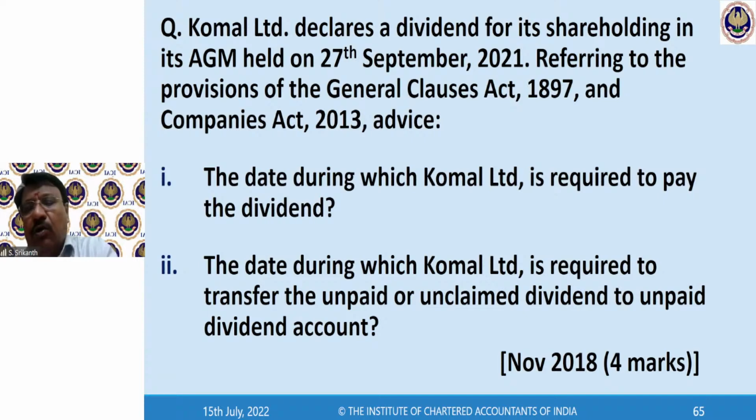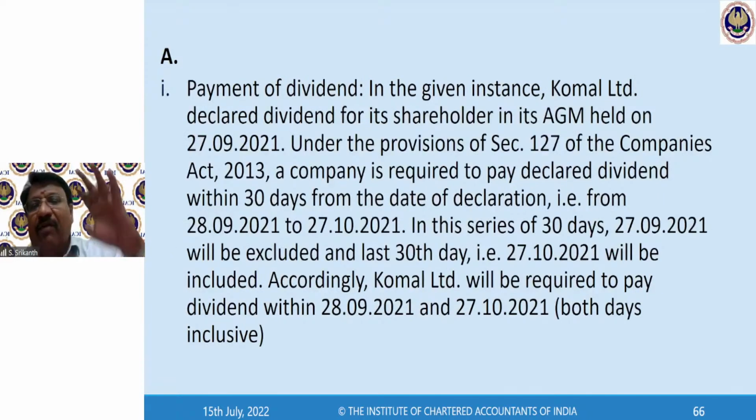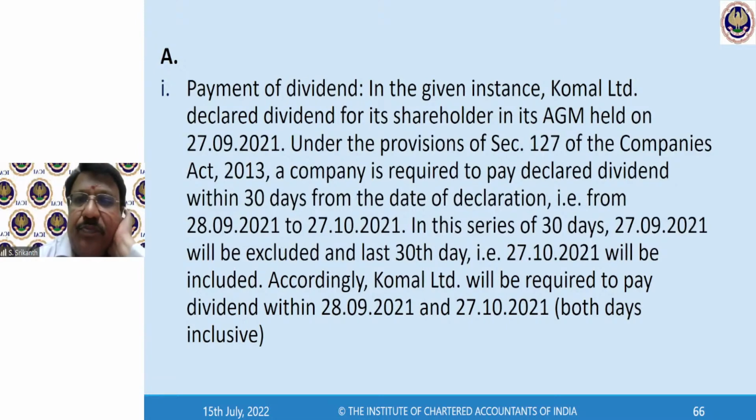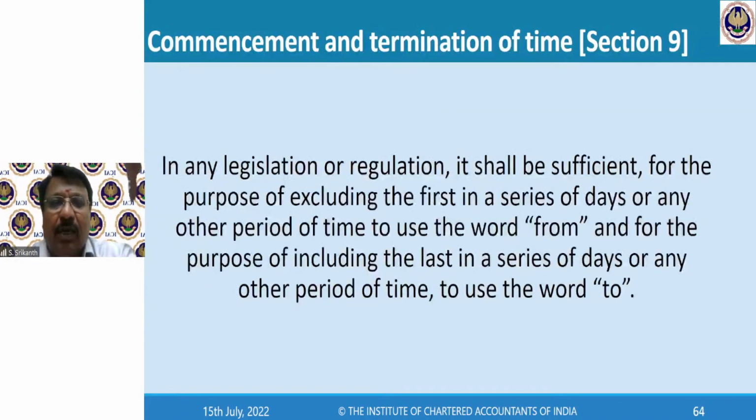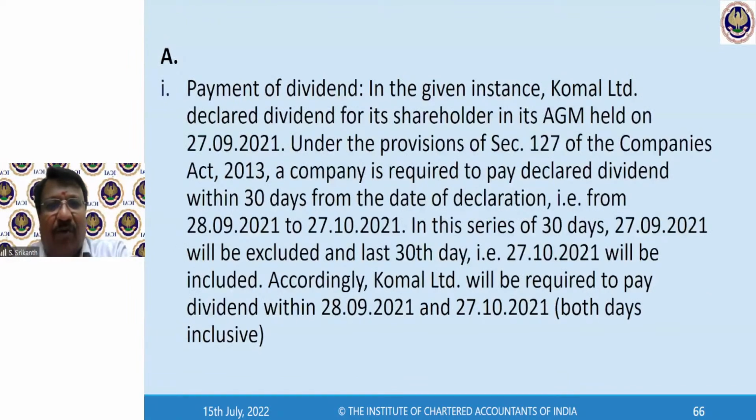In the given instance, COL Limited declared the dividend on 27/9. So you have to pay it within 30 days from the date of declaration. Now the word from the date of declaration means 27 should be excluded. Whichever date is qualified by from should be removed. So the date of declaration is not to be considered.